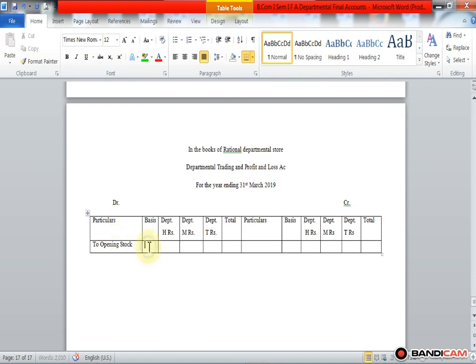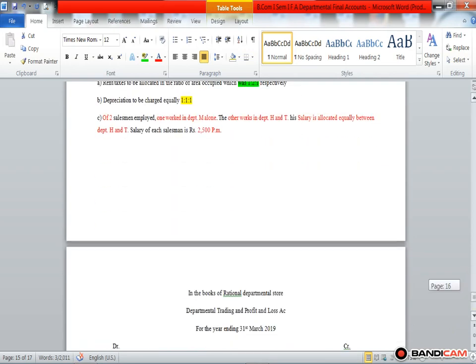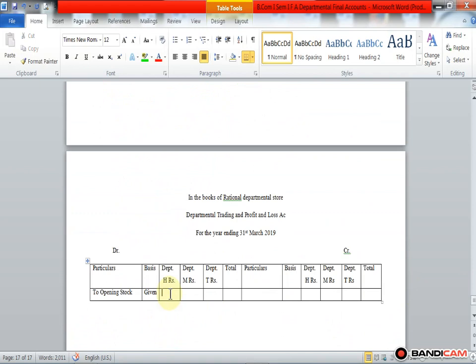The ratio is not given, but the distribution of opening stock is given, so write it here, amounted to rupees 45,000, 60,000, 27,800. The total is 1,32,800.